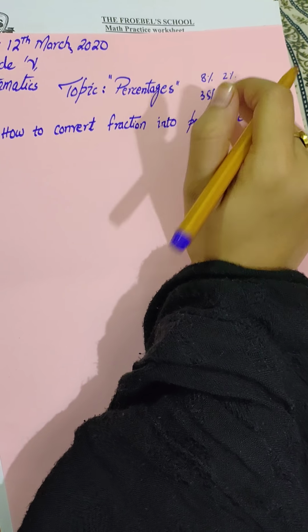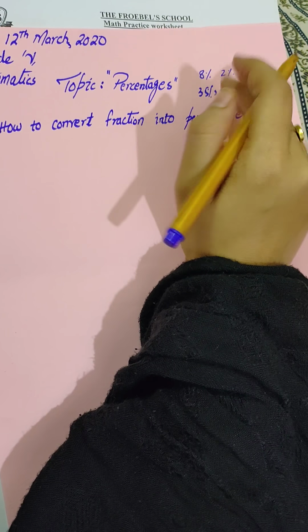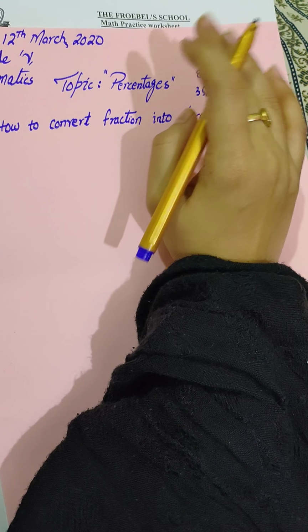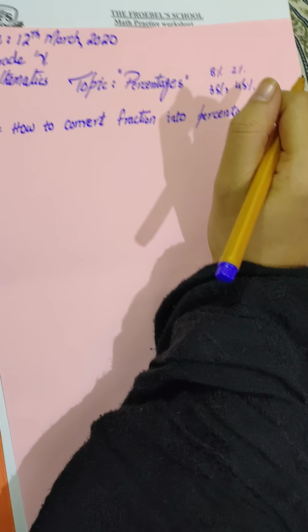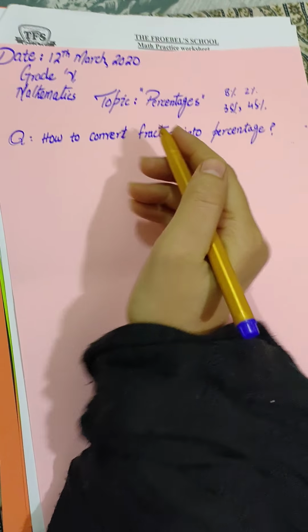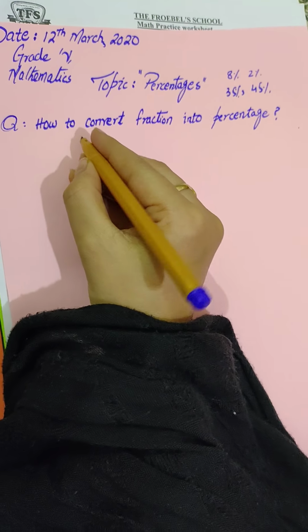Similarly, just move your point two steps towards the left and you will get your values in decimals, right?